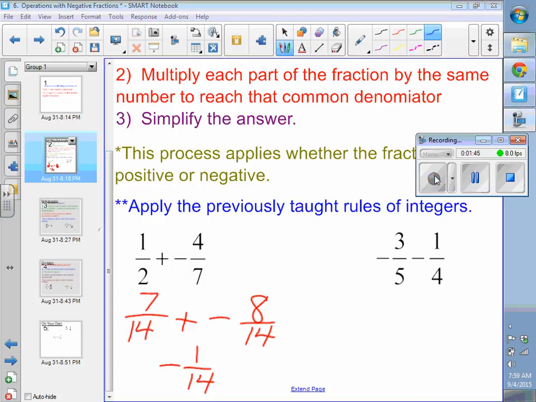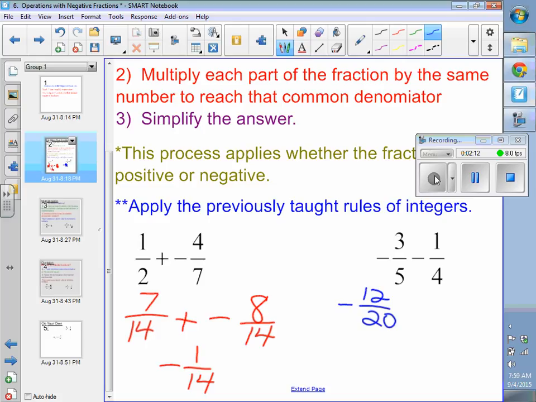On to our next problem. We have negative 3/5 minus 1/4. All right, so our common denominator is going to be 20. So we've got negative, and it's 20, so times 4 on the 3 and the 5. So we get 12.